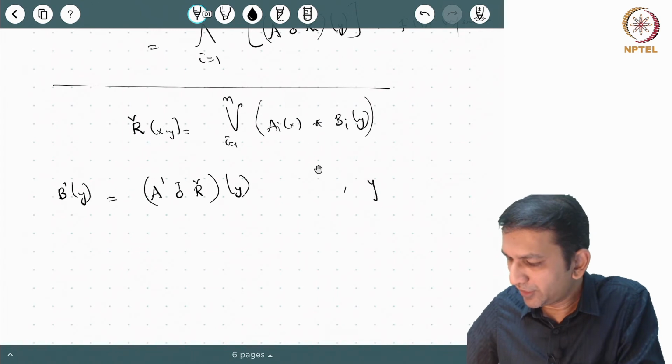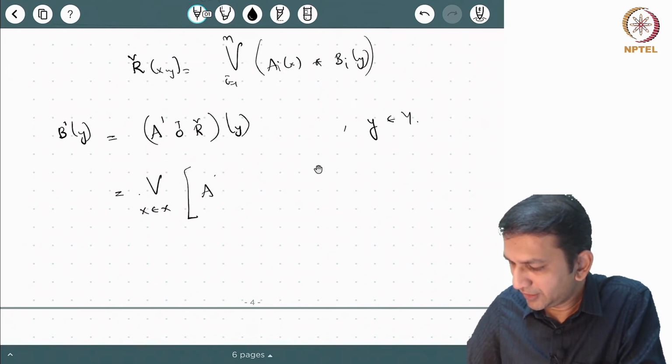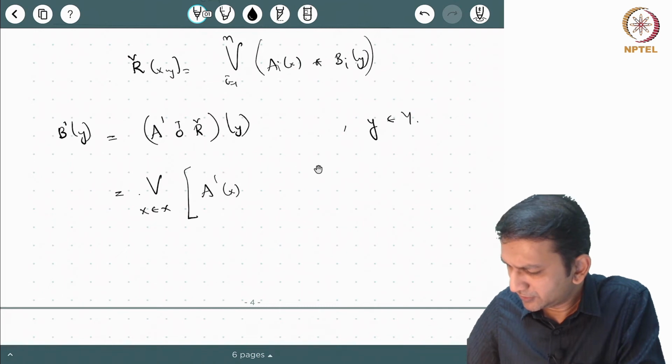Once again, y element of Y is arbitrary. This is equal to sup over x element of X of A dash of x star.